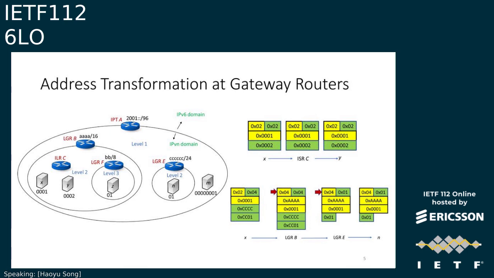Then it can forward in the same level of network, and eventually it will reach the level gateway router E. At that node, because the destination prefix is no longer needed, it strips off this prefix, leaving only the node ID of node N, and forwards into this lower level network. Finally, node N receives this packet with only the necessary part of the address.